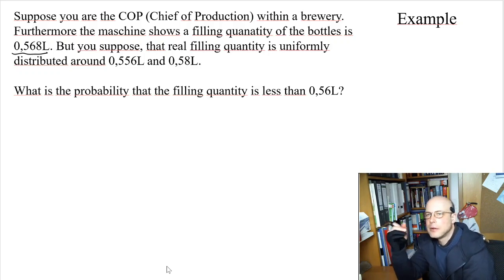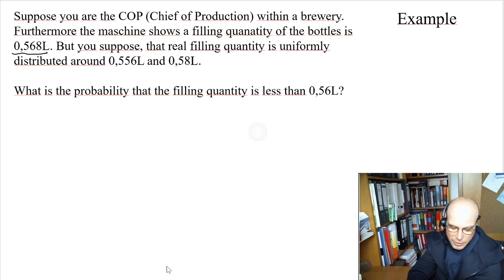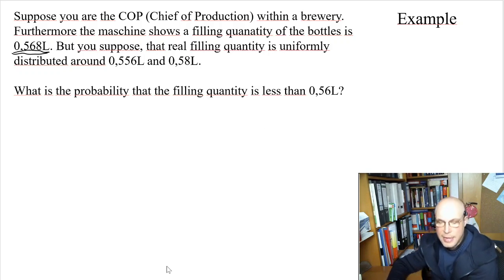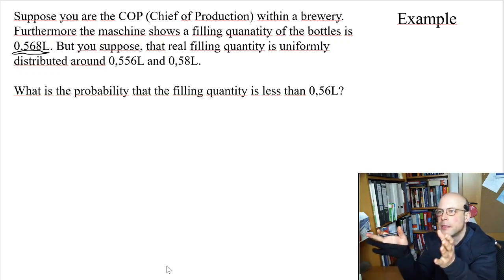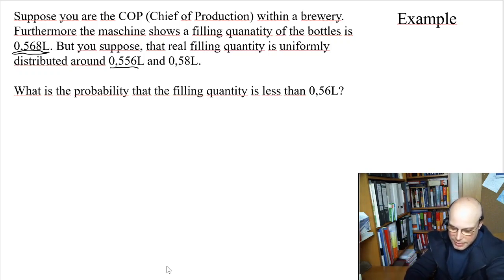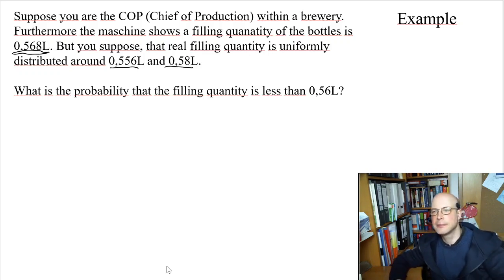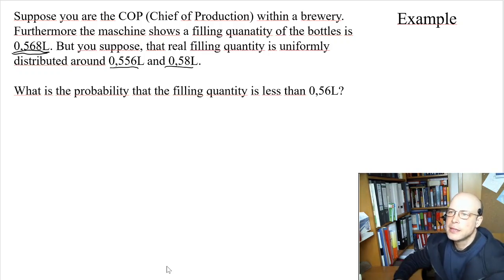But you know that not every bottle is filled with 0.568 liters, but that you have some error, and you assume that your filling machine fills your bottles within a uniform distribution interval between 0.556 up to 0.58. And now we are asked, what is the probability that the filling quantity is less than 0.56 liters?